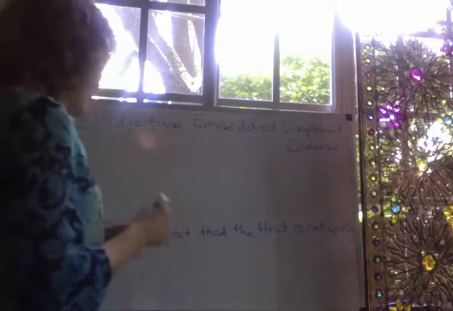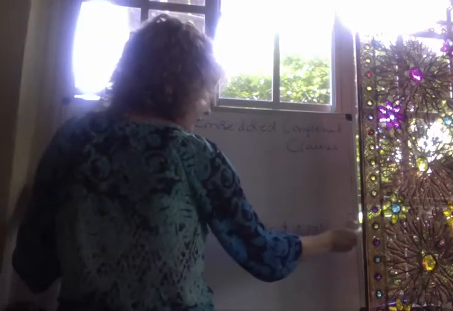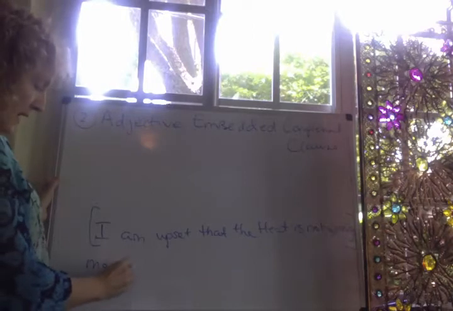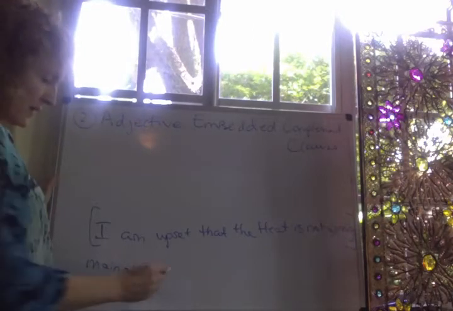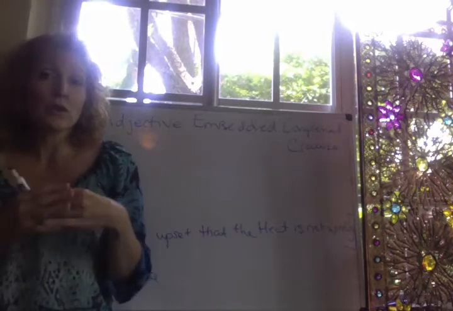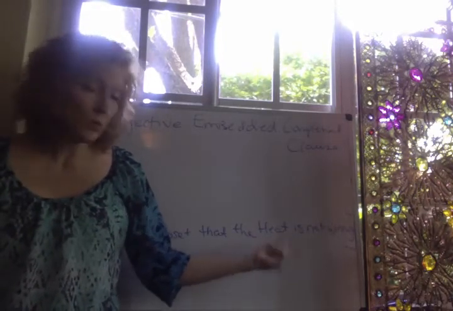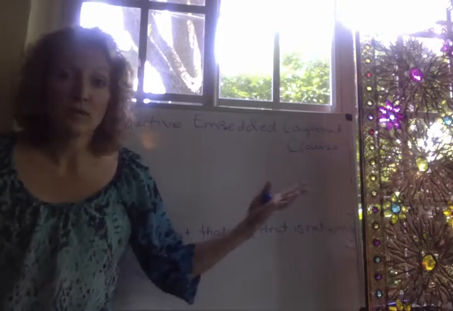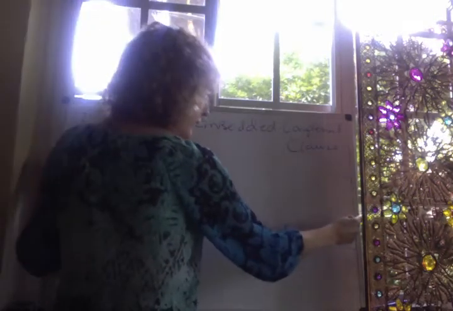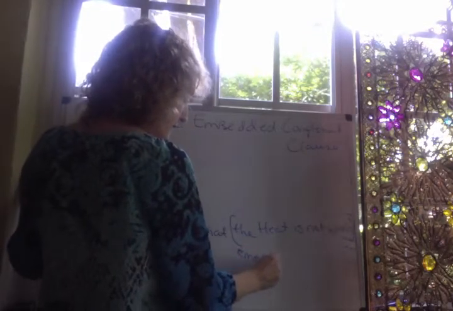So you're going to mark off I am upset that the heat is not winning as your main clause. And the next thing that you notice is that within this main clause, you have a sentence that could have occurred on its own. You could have said, the heat is not winning. That would be a perfectly fine independent clause. So the heat is not winning could be considered to be an embedded clause.